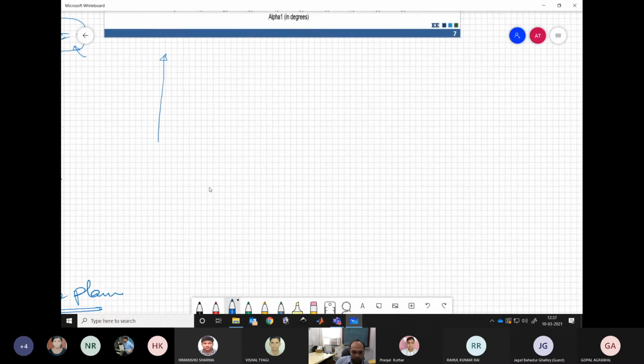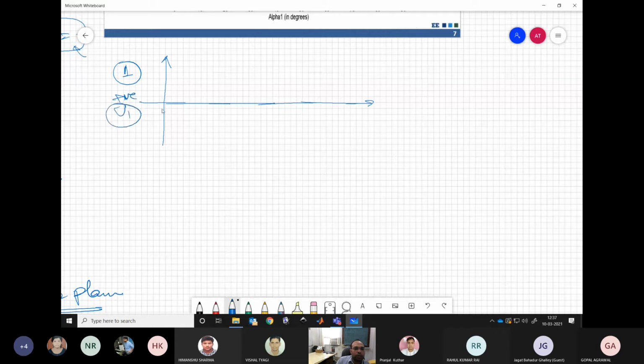So you have this PWM waveform, let's say for the positive V1 zone. What could this alpha 1, alpha 2 be?